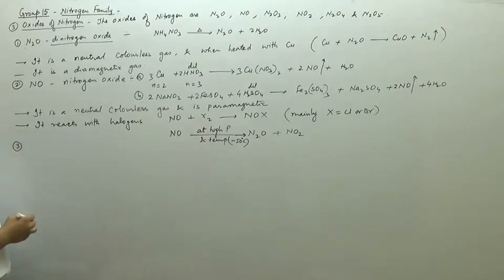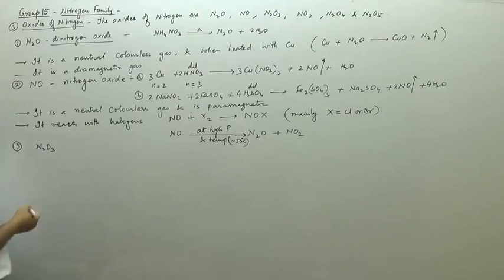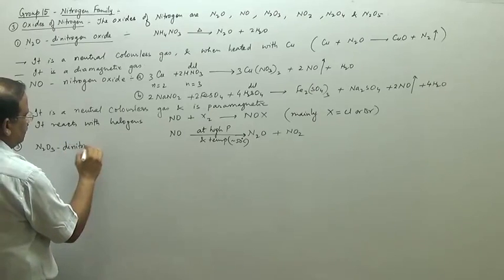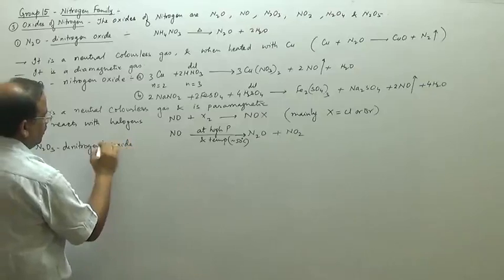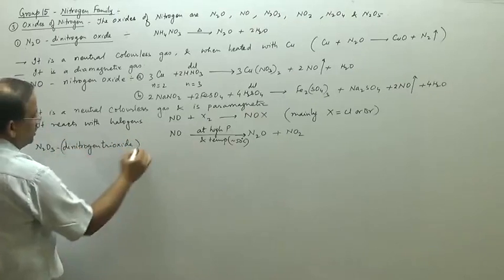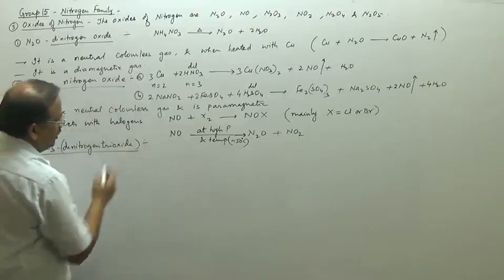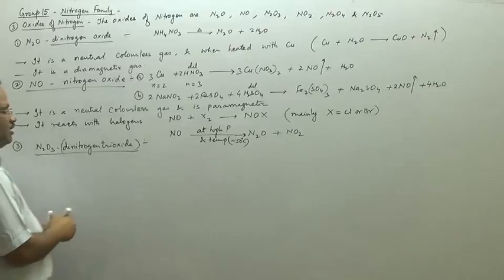Third we can write N2O3, that is dinitrogen trioxide gas. Initially we say that it is a gas, and it is formed when NO and N2O4 are mixed.